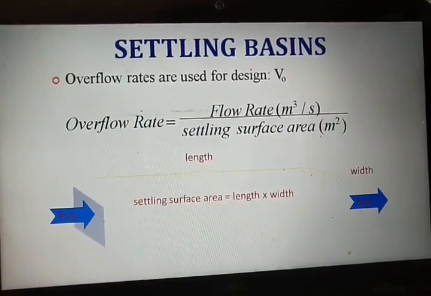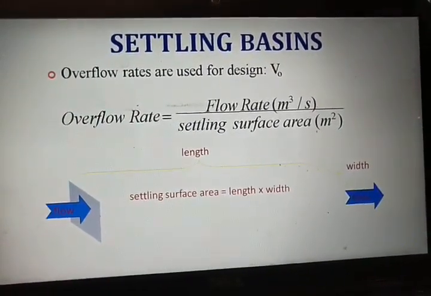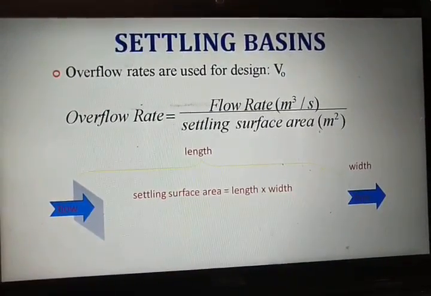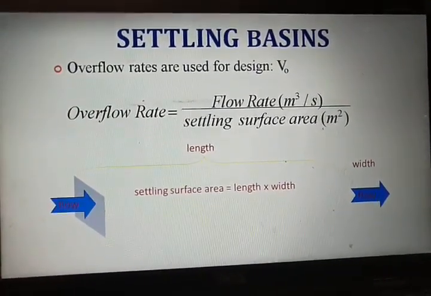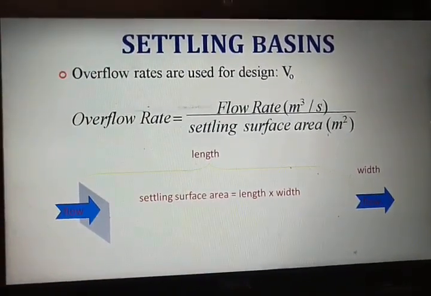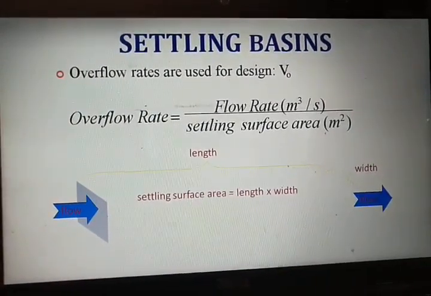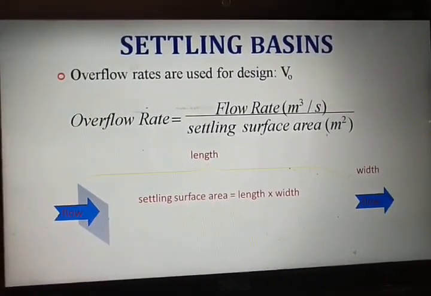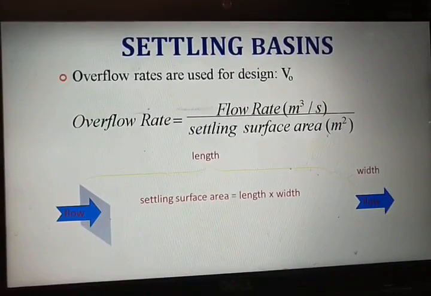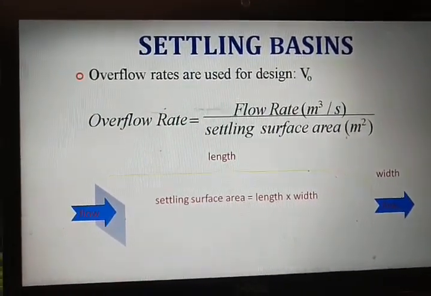And also there are various terms associated with sedimentation tank design, like settling velocity, terminal velocity, the detention time, area of cross section, and area of settling, and we have seen that in the previous slides. When we solve an example, I'll tell you the different design criteria to be used, and based on that, if you solve the problem, you will understand these terms.